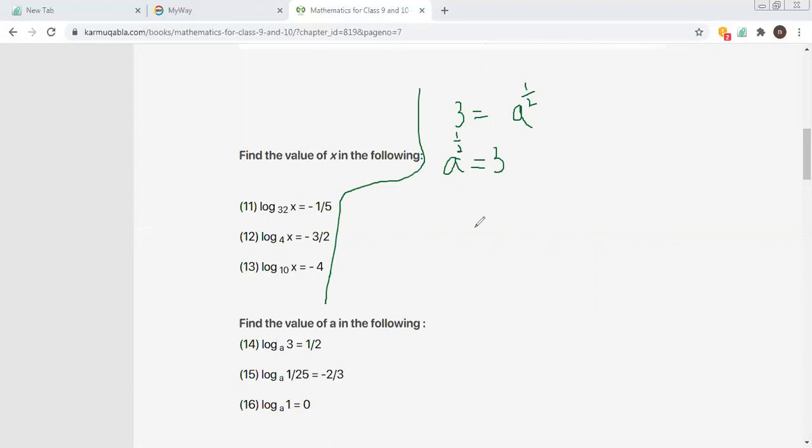Class, is there any possibility to simplify this question? Tell me. Yes, class. Take squaring on both sides. Okay, squaring both sides.